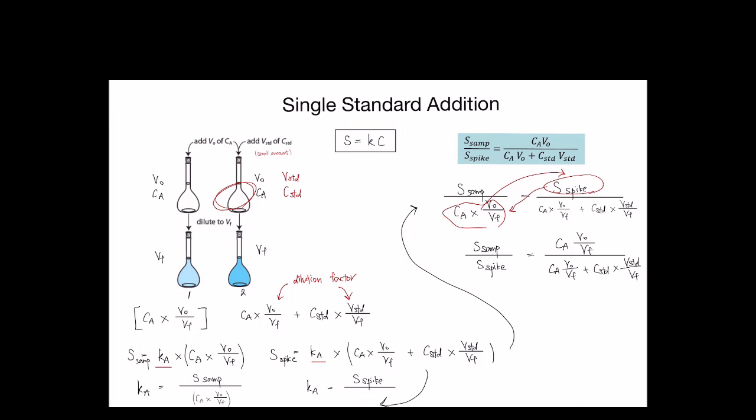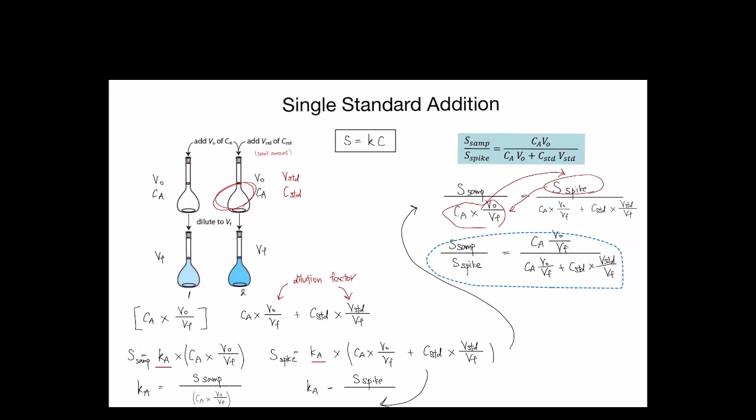And we can multiply both the numerator and the denominator by Vf, because that's the same as multiplying by 1. What that does is we can cancel this Vf out and Vf out here.